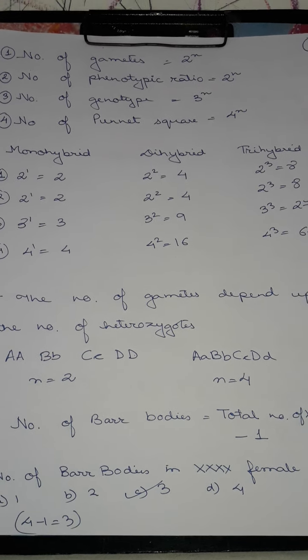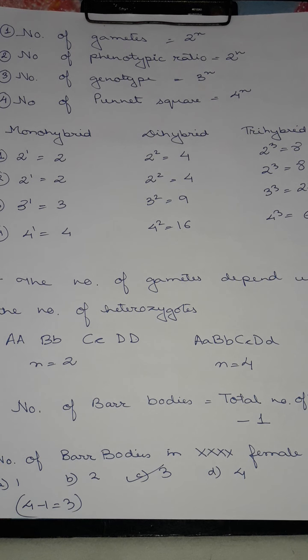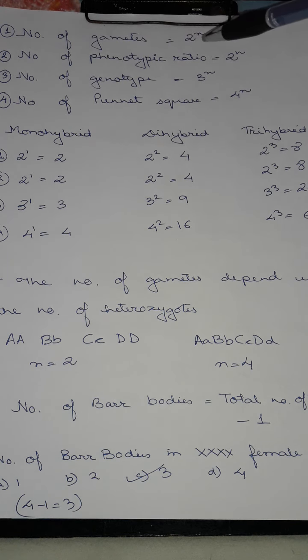So first of all, let's see the formula for the number of gametes. Number of gametes is represented by 2 to the power n. Now n represents the number of heterozygotes, okay?